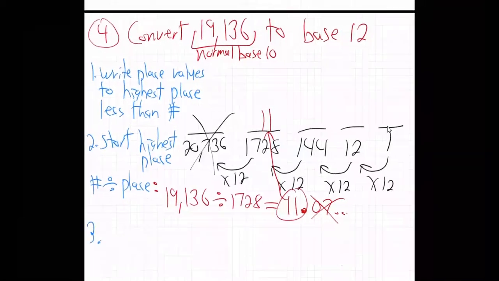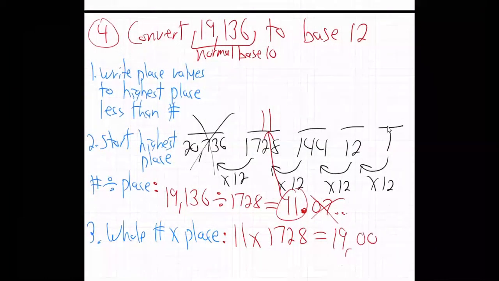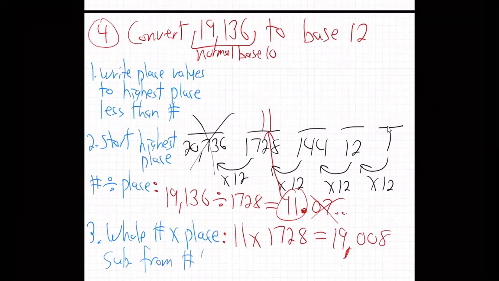So step 3, we take the whole number times the place. What's the whole number? 11 times the place, 1,728. 11 times 1,728, I'm getting 19,008. And we subtract that from the number.